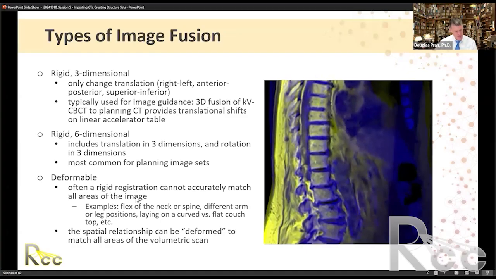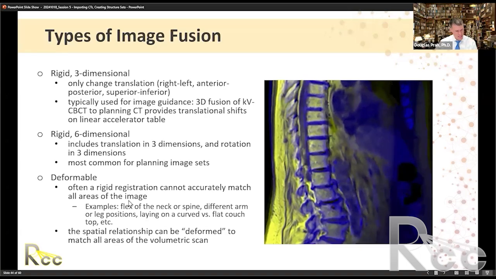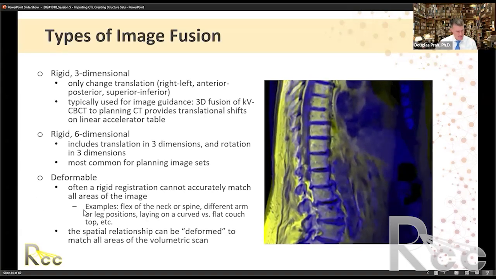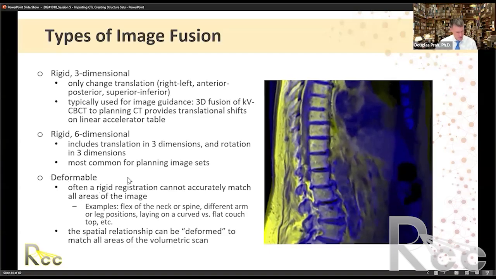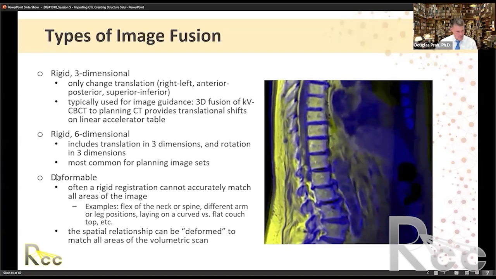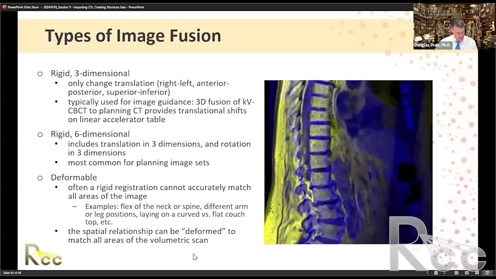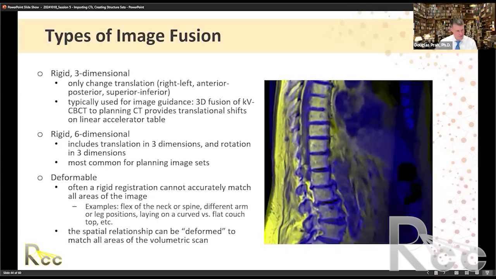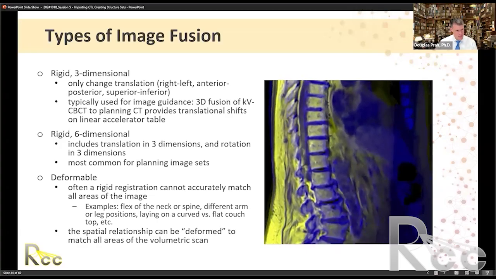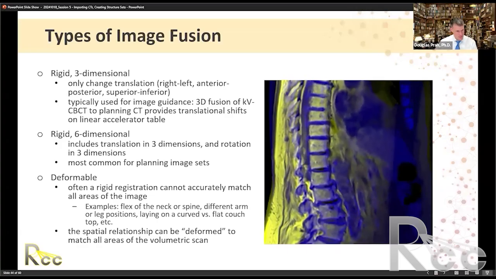But in the instance when maybe you are struggling, let's say you have that case from radiology and the patient isn't in the exact same position, it is possible to do a deformable registration. But for this one, I would be quite cautious. Make sure that you understand how the algorithm works, and it's important for your physicist to perform some quality assurance to make sure that things look proper.